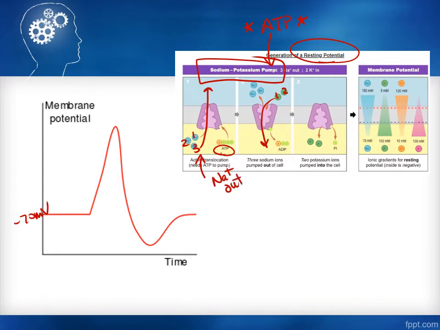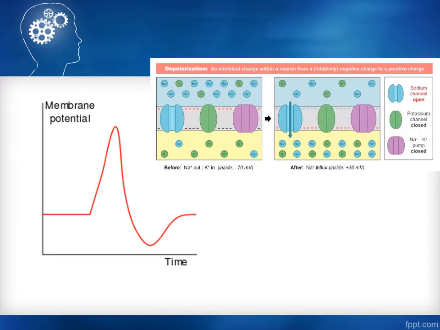The outside of the cell is positively charged compared to the inside of the cell, which means that the inside of the cell is going to be negative and just about -70 millivolts in comparison to the outside. There are some other ions that are getting moved around, but the two most important ones are sodium goes out, potassium comes in, and that gets us to -70 millivolts.